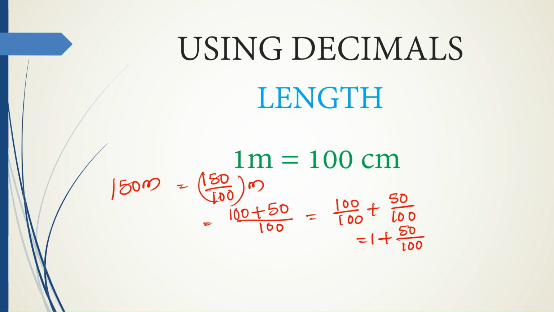Now again, if we divide both numerator and denominator by 10 here, this becomes 1 plus 5 upon 10. So 1 is the whole number part. We'll write 1 in the whole number place, then the dot, and in the tenth place we write 5. 1.5 meters. Like this we can use the conversions for length.